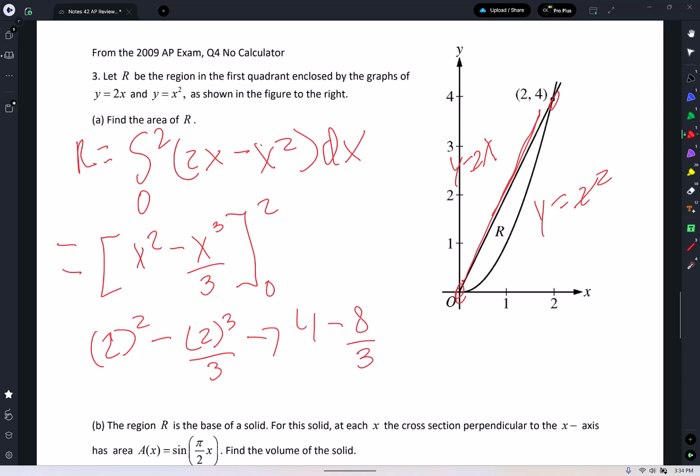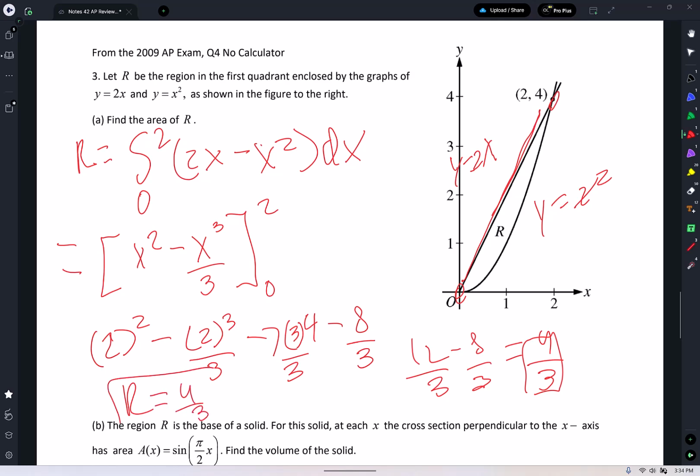We could leave it like that, but we could simplify. We times this 4 by 3 to get a common denominator, and that's 12 over 3 minus 8 over 3, which is 4 over 3. Make sure to get the point. We're going to put R equals 4 over 3.